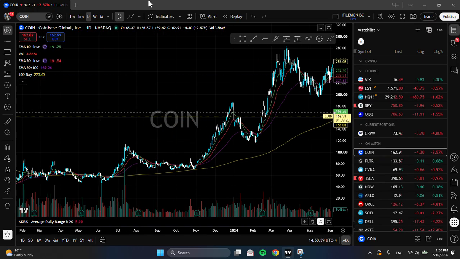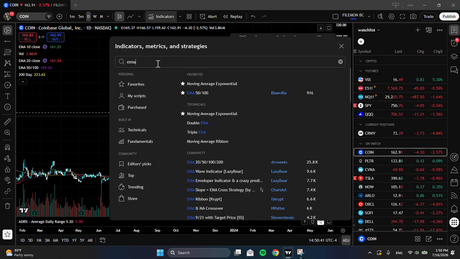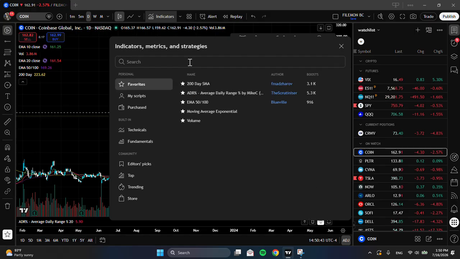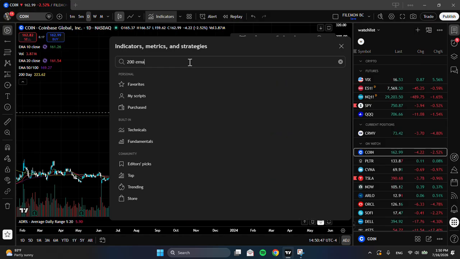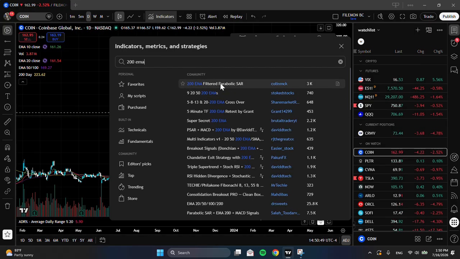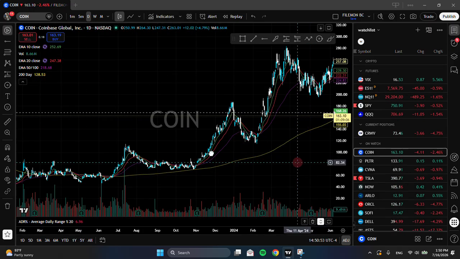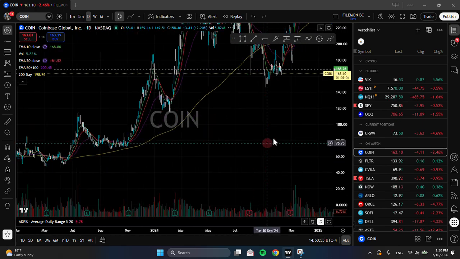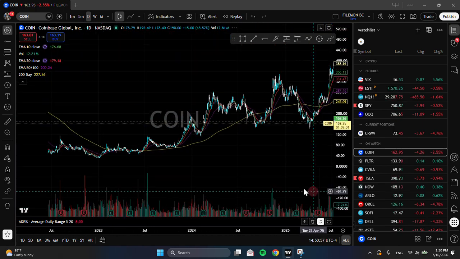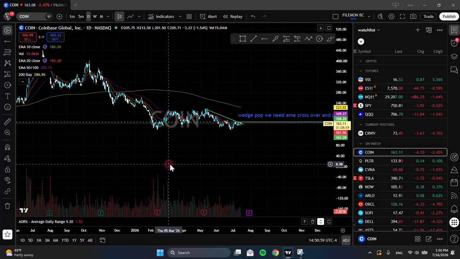And then the 200 EMA, just put 200 EMA in the search bar and it'll pop up for you. Something will pop up, you can use this one. I just click on it and you can change the color. Pretty simple.